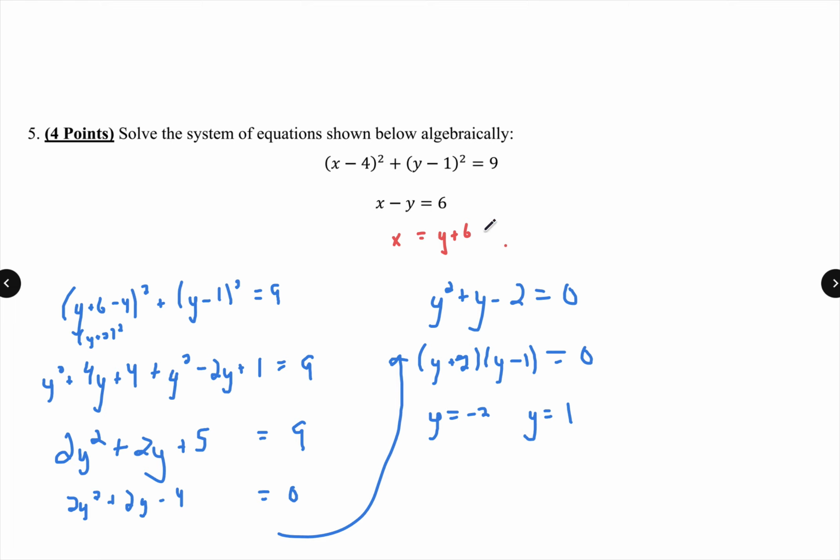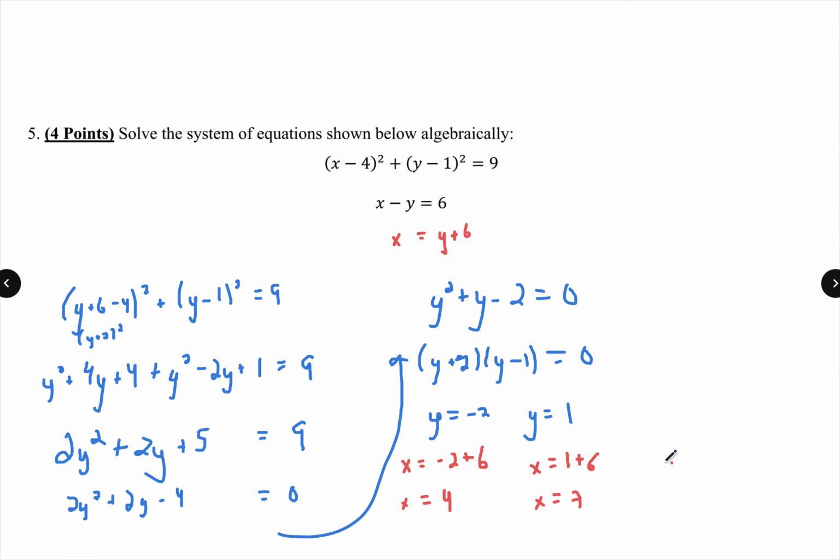So let me go back. I got my y values over here, so I'm just going to plug them into this equation. x equals what? x equals basically negative 2 plus 6. So x equals 4. And then also x equals 1 plus 6. So x equals 7.